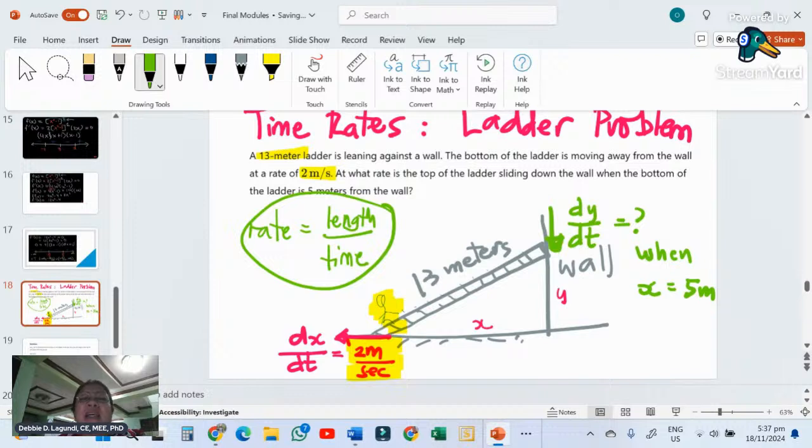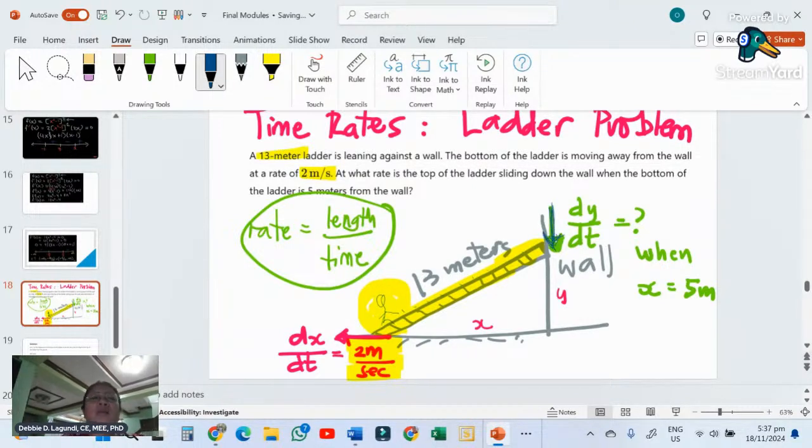At what rate is the top of the ladder sliding down? If you put the ladder in this kind of position and the man steps on it, the bottom of the ladder will go to the left and the top will go down, as you can see from my illustration.